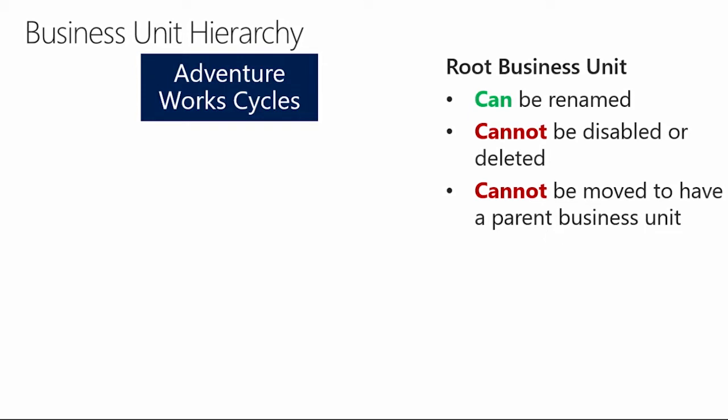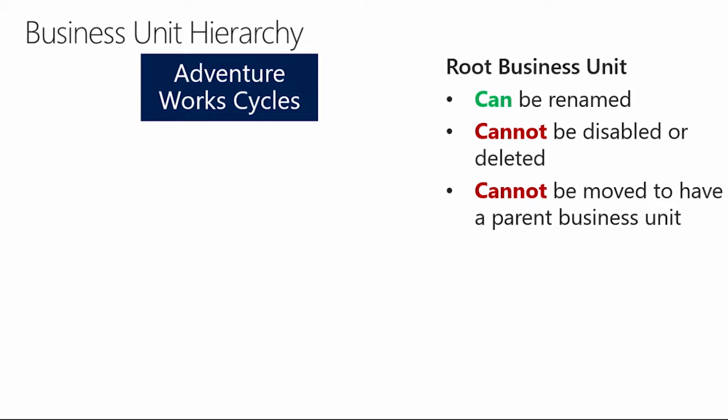So let's just say, for example, that I've installed and created a Dynamics 365 organization for Adventure Work Cycles. When I do that, it's going to create the root business unit for Adventure Work Cycles that I can see inside the application. Now, because this is my underlying root business unit, the big thing to remember is this has to always be the top tier business unit in my organization.